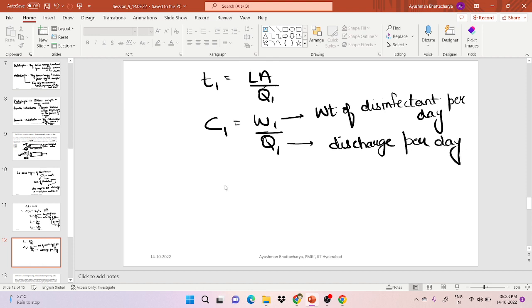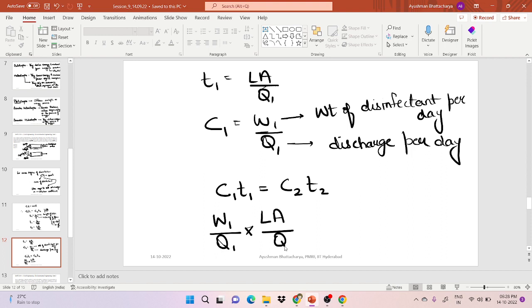So initially what we write, C1 T1 is equal to C2 T2. So we will replace the expressions in this final equation. So C1 will be W1 by Q1 into T1 will be LA by Q1. Okay. Similarly for C2 also we will write W, since they are asking what will be the disinfection amount.